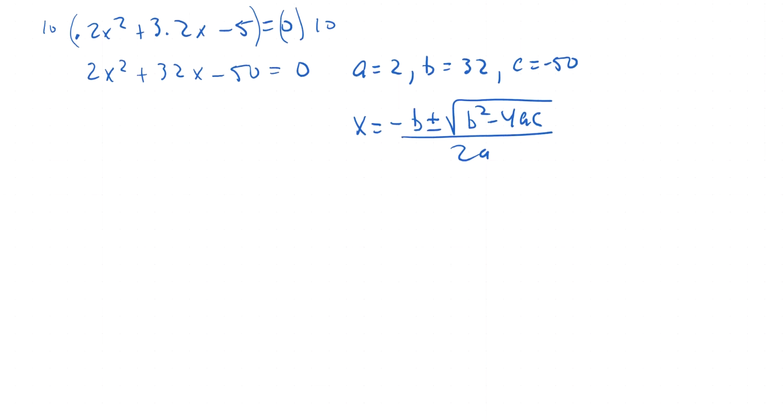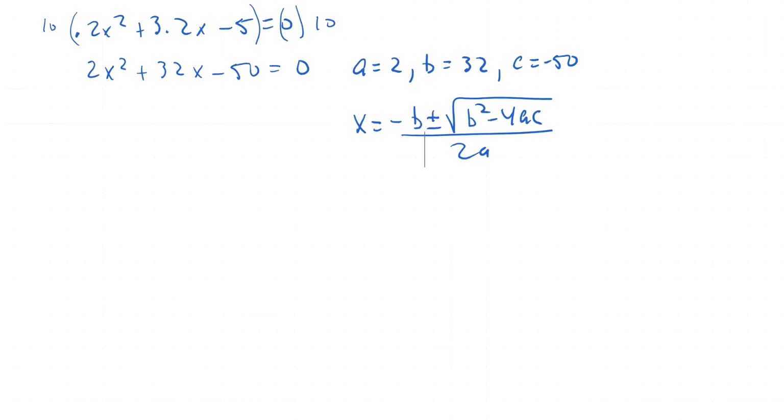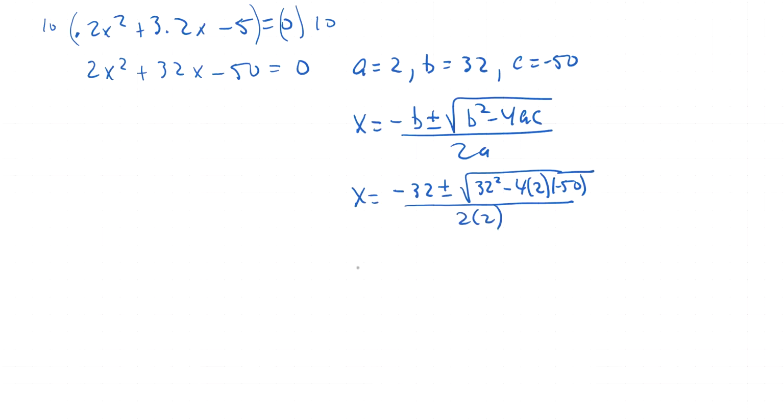And so now at this point I can substitute my values into the formula, and I'm going to get x equals negative 32 plus or minus the square root of 32 squared minus 4 times 2 times negative 50, all divided by 2 times 2.